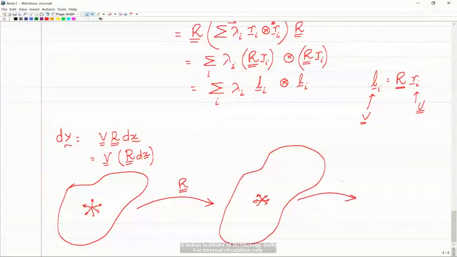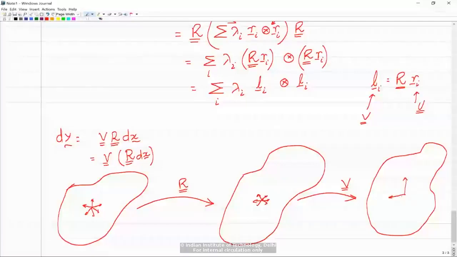And then you apply this big V, and this big V is then doing all the changes in length or angle.